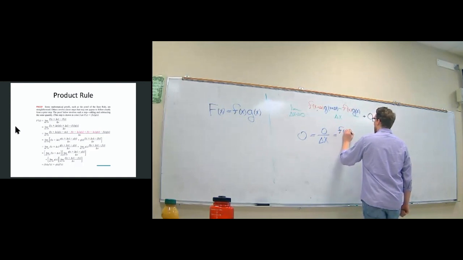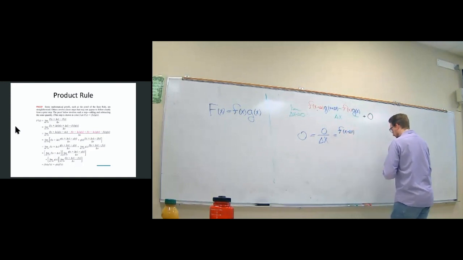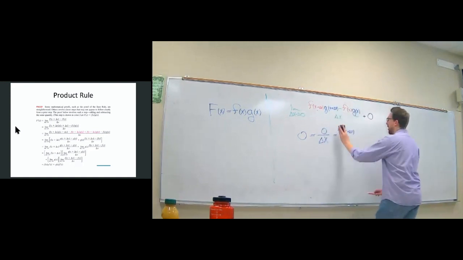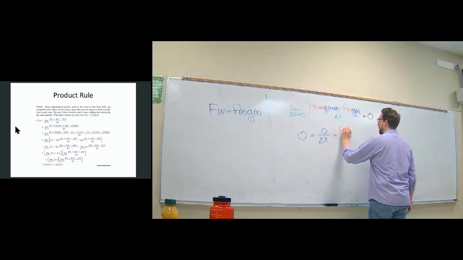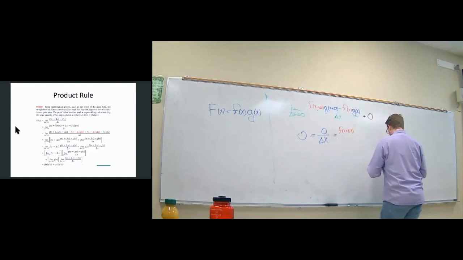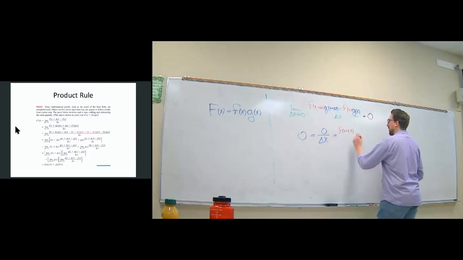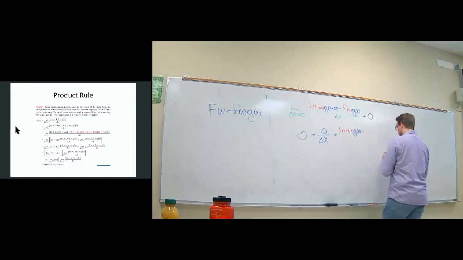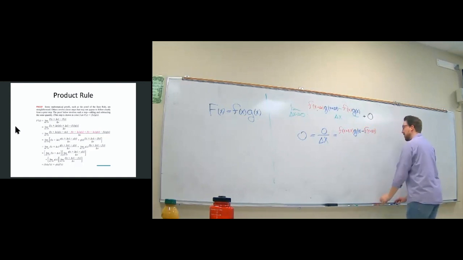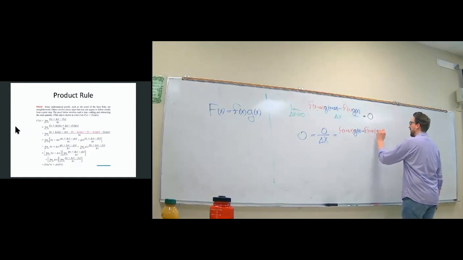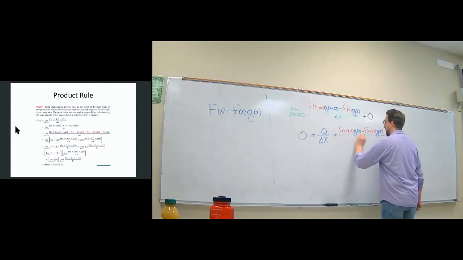say it is f of x plus delta x. So let me keep with the way I'm writing everything. f of x plus delta x times g of x minus f of x plus delta x g of x, divided by delta x.